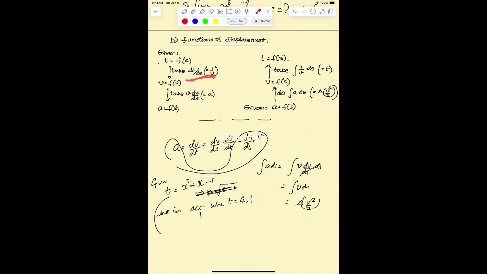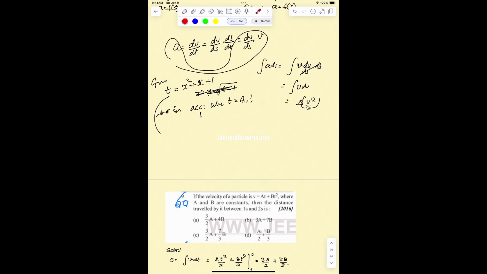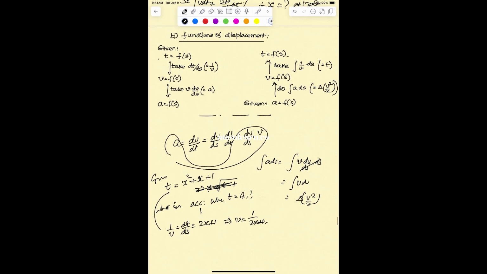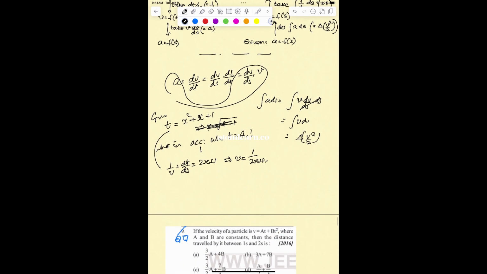The first step is dt by dx, which is equal to 1 by v. Therefore we take 1 by v equal to dt by dx, which equals 2x plus 1, which means v equals 1 by 2x plus 1. Then what is dv by dx? Why do we want it?